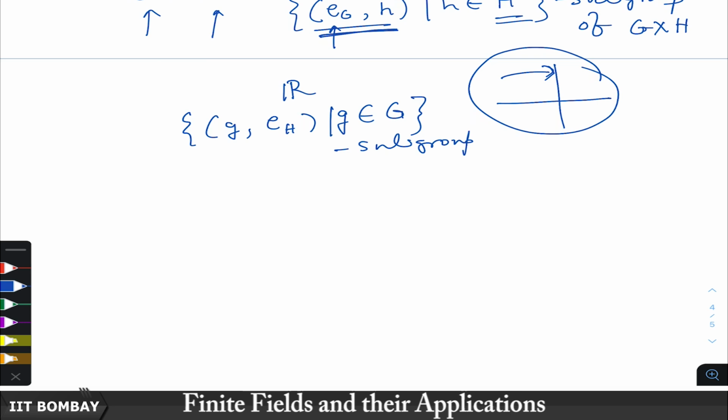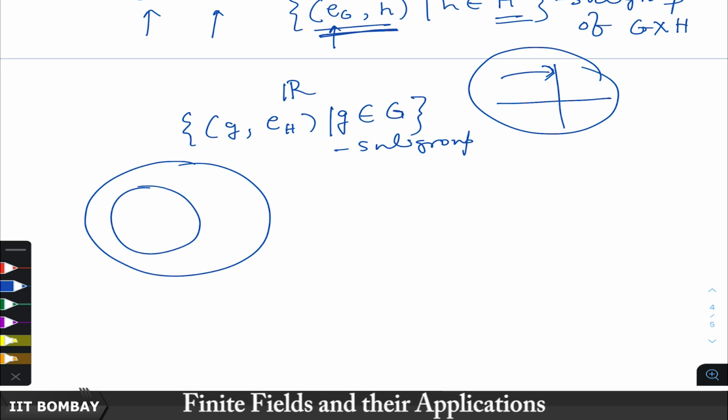Now, let us study subgroups a little more and what it gives us. So, a subgroup, as we said, is a subset of the group, but it has a nice structure. So, this is G and this is H, it is a subgroup.